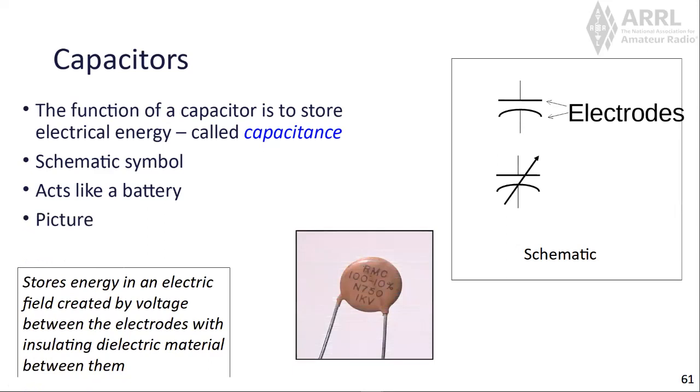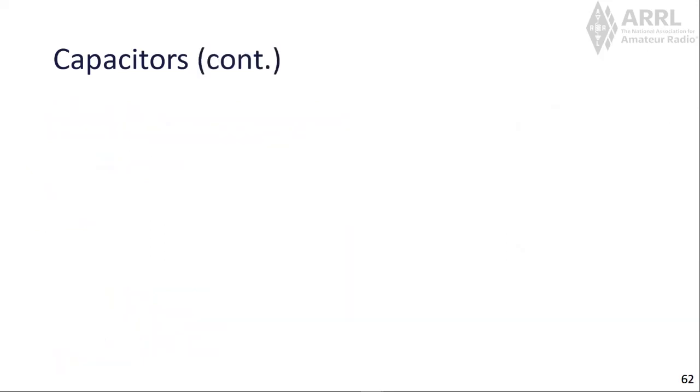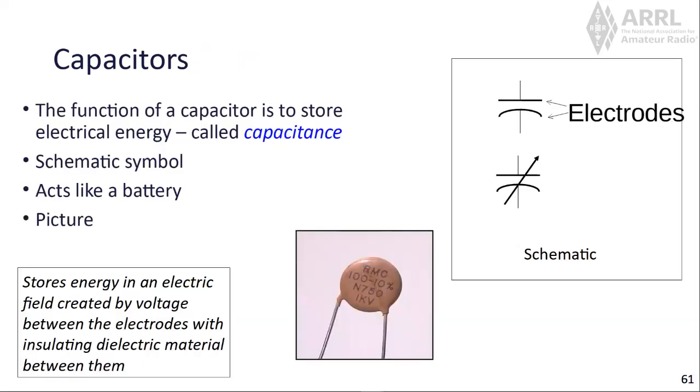Here we have a picture of a small capacitor. Now, something you want to keep in mind with capacitors: we rate them two ways, the amount of capacitance that they hold and the voltage that they can withstand.